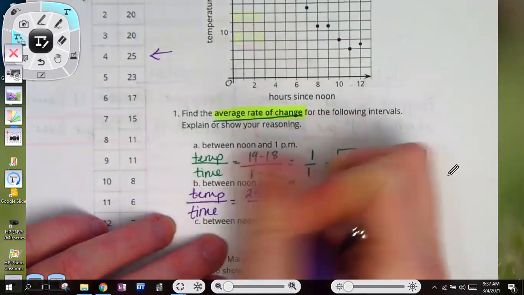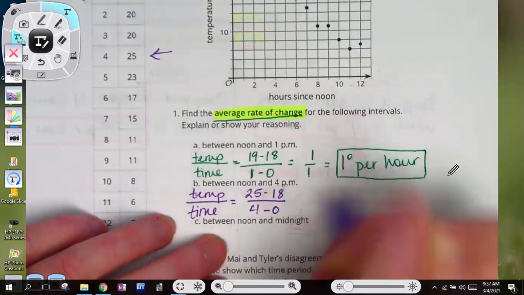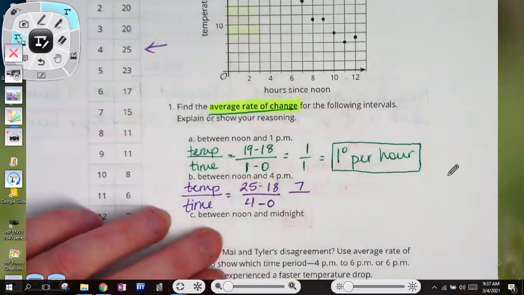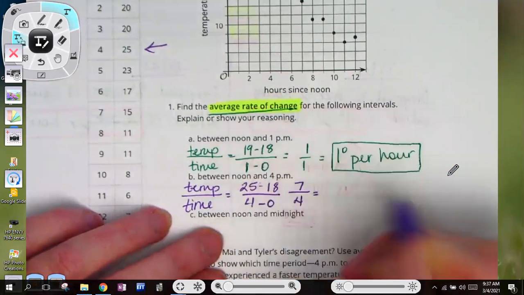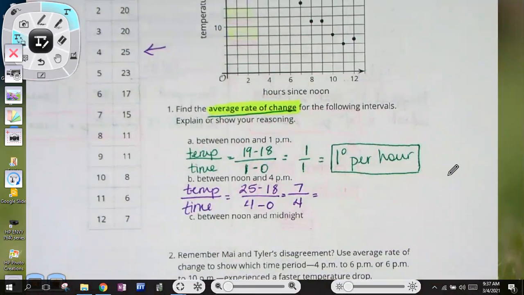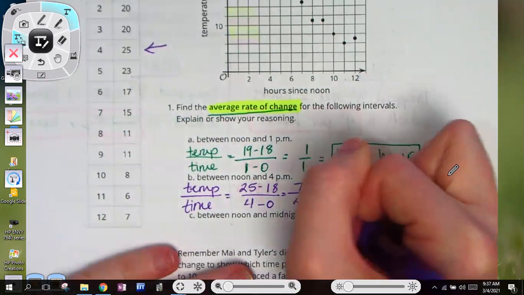What time was it at 18? 0. What's 25 minus 18? 7. What's 4 minus 0? 4. So let's simplify one more time. What's 7 divided by 4? 1.7 per hour.